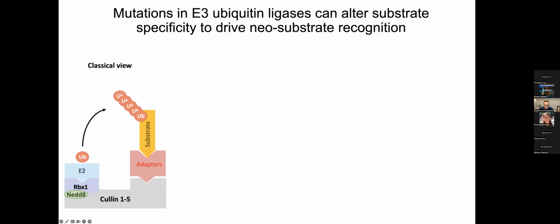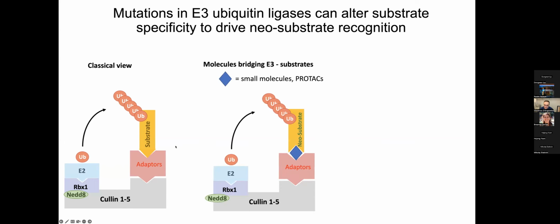And there is an important modification here of a ubiquitin-like molecule, NEDD8, that allows the transfer of ubiquitin to the substrate. And we have seen over the past few years the growth of a field that has been quite amazing to see, with small molecules and PROTACs that can hijack adapters in order to allow the recognition of neosubstrates.